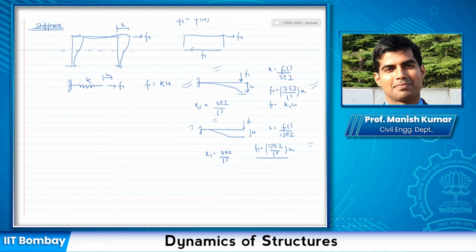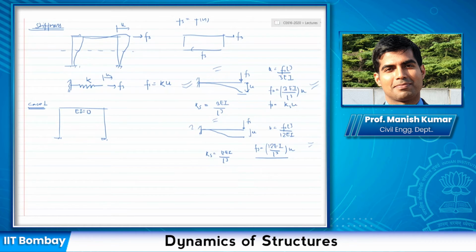In case one, I'm going to say that this beam that I have is flexurally very, very flexible, so it does not offer any resistance against rotation. So what I'm saying is EI of this beam is equal to 0.